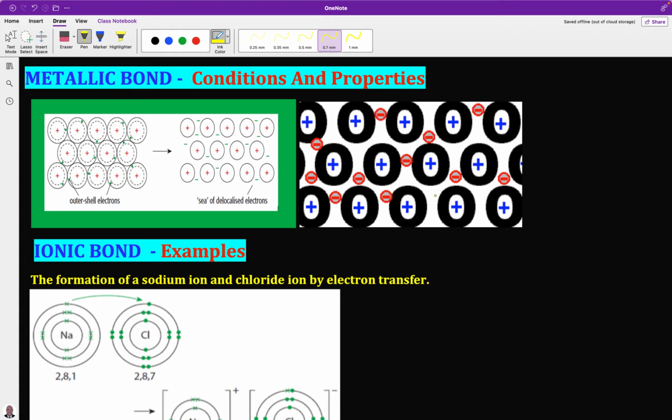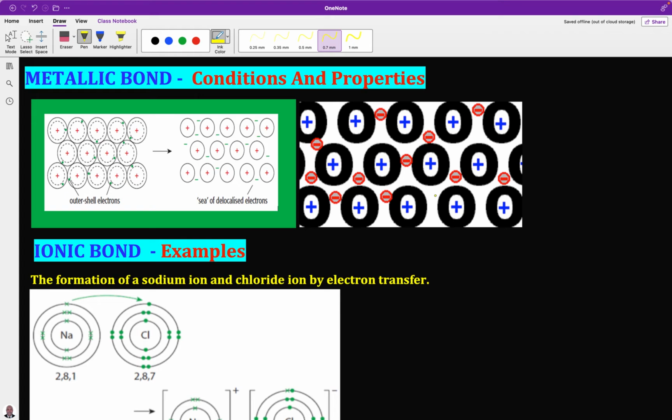The smaller the atomic size, the shorter the distance. And the shorter the distance between the nucleus and the outer delocalized electrons, the stronger the force. But the longer the distance between the nucleus and the outer delocalized sea of electrons, the weaker the force of attraction. So smaller metal atoms are stronger than larger ones.